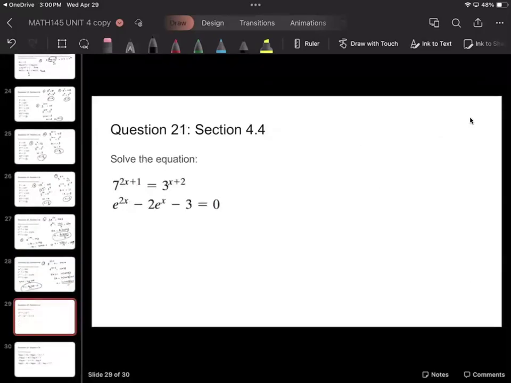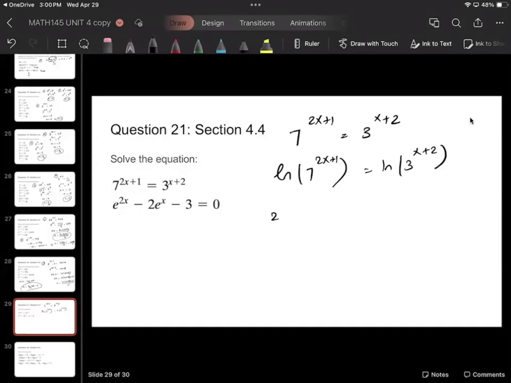Okay. Solve. In the first equation, I don't have like bases, correct? So I am going to take ln on both sides. When I take ln on both sides, what happens? The power can become the coefficient.